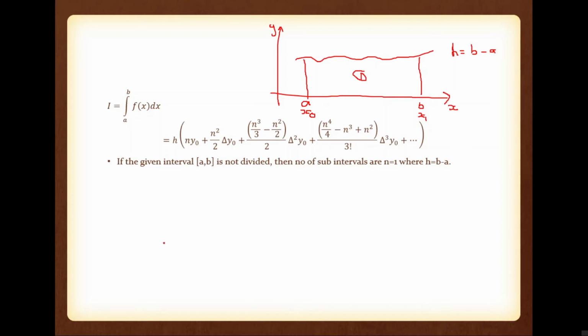Is it okay? My question is, if you have only one region, what is I? Please tell me. We have only one interval, that is n equal to 1, h equal to b minus a. Then what is I? The general formula is given.